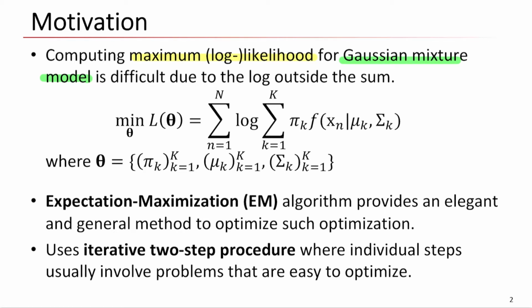For example, when we define theta as pi k, mu k, and sigma k, right? Then the loss function for this theta is something like that. So we want to minimize this loss function in terms of theta here, right?